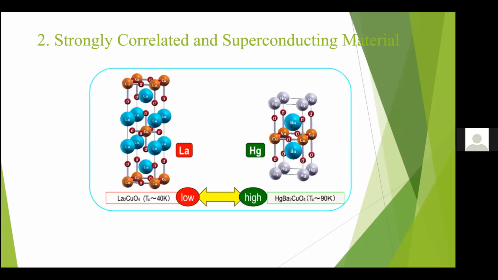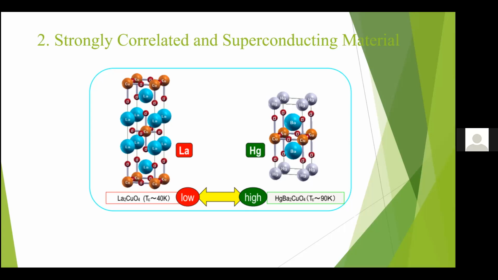And now I will show one example of different superconductors with different isotopes. Here you can see two different superconducting materials, lanthanum and mercury.